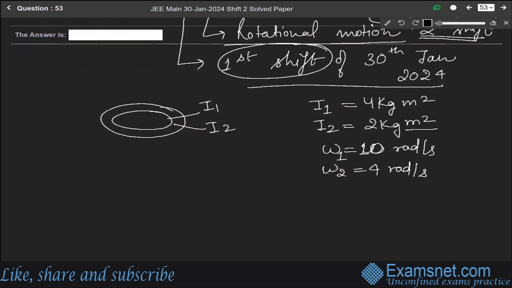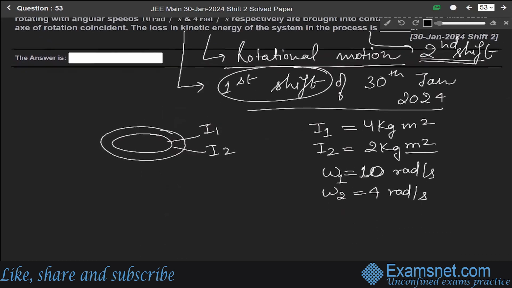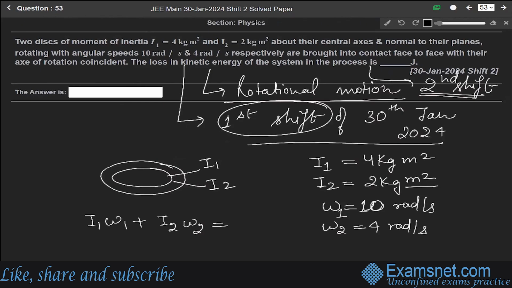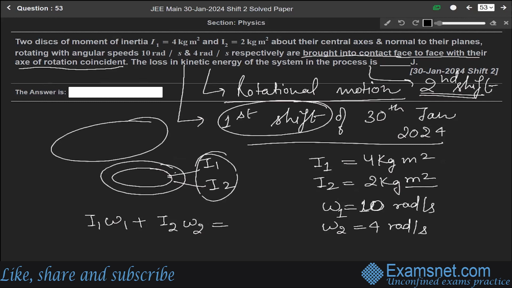Using the law of conservation of angular momentum, I1 omega 1 plus I2 omega 2 will be equal to, when they are brought in contact face to face with their axis of rotation coincident, these two disks form a single disk having the combination of these two moments of inertia.